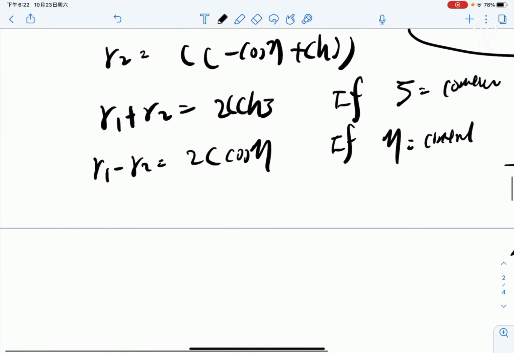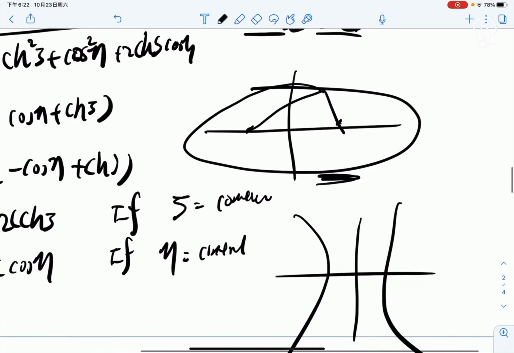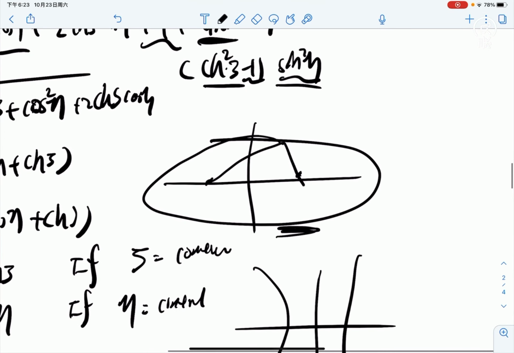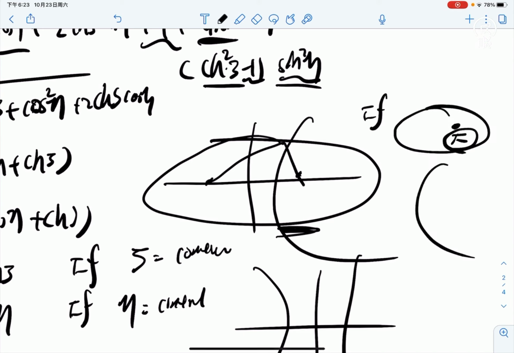And we know that, or you guys may not know this, that if this and this have the same foci, I forgot what it's called, then they are perpendicular.